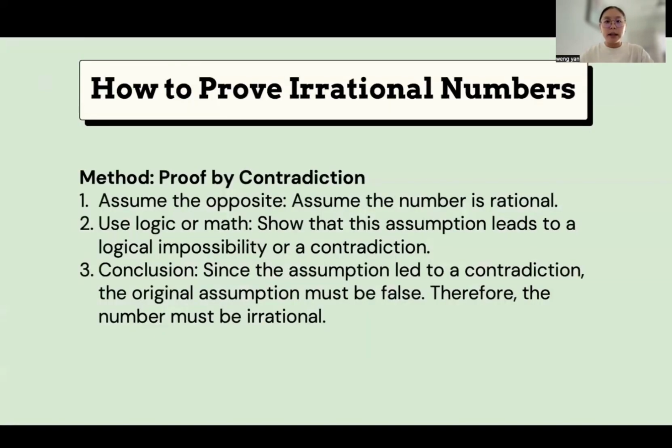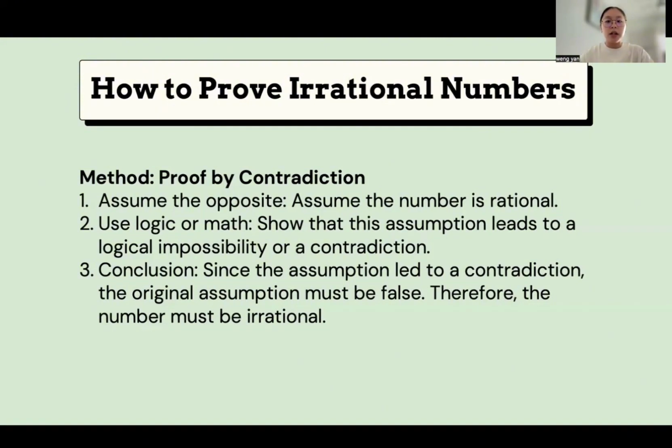So, how do mathematicians know these numbers are irrational? We use a powerful technique called proof by contradiction, where we try to show that assuming the opposite leads to an impossible situation. First, we assume the opposite. We start by assuming the number we are testing is rational. If we are testing the square root of 2, we assume it can be written as a simple fraction p over q. Crucially, we state this fraction is in its lowest terms, meaning p and q have no common factors other than 1.